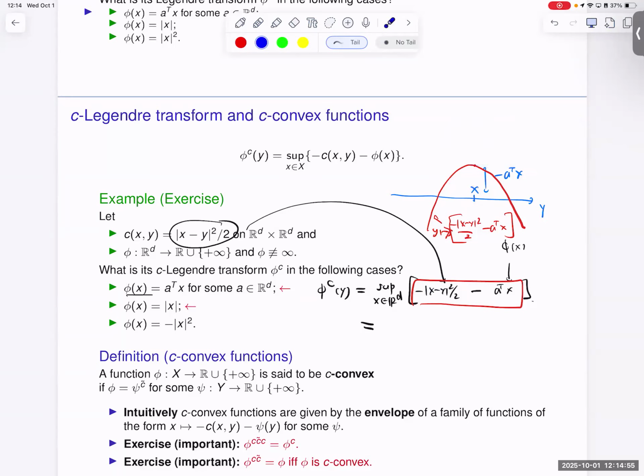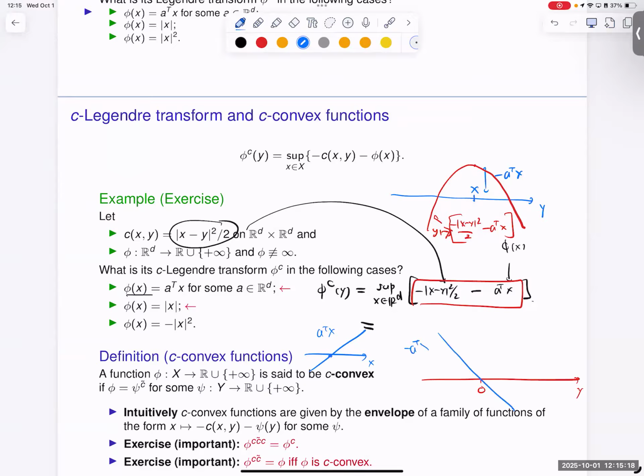So then you first draw the graph of the function in the space of y. Let's say a dot x is like some function like this, and negative a dot x is like this, right? You just turn it upside down, passing through 0.